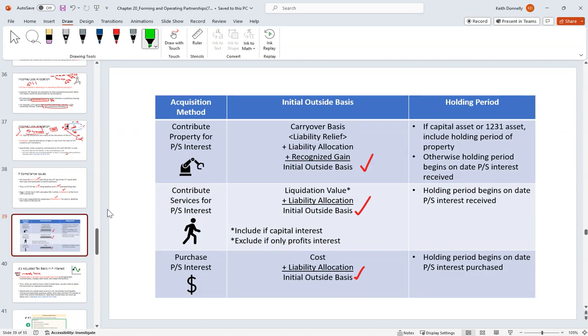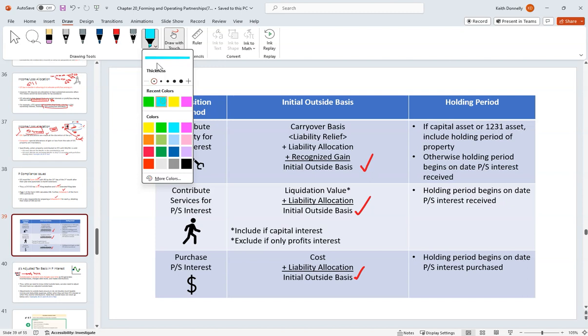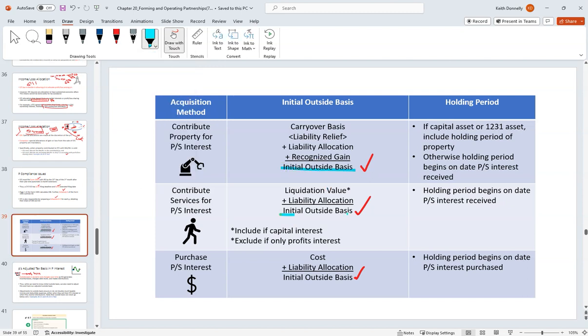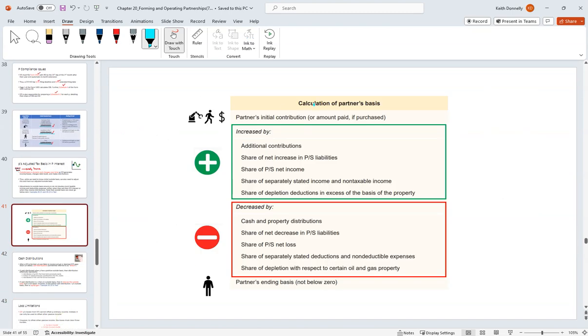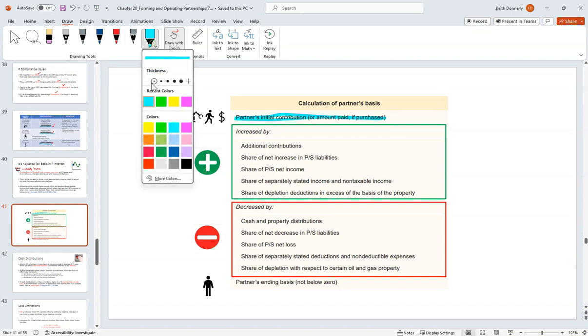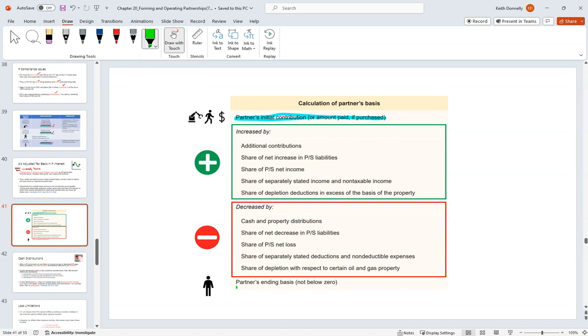Here we are. Right, so you started with this, the initial basis. We said it changes over time, right? But how does it change? We're going from our initial basis to our adjusted basis.